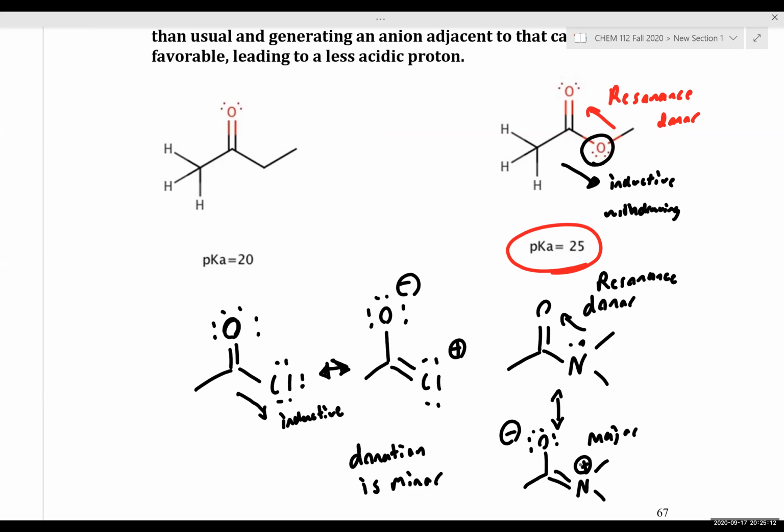While for chlorine, it would much rather function as an inductive withdrawing group because the contribution of this donor structure, quote unquote, is relatively minor. Does that make sense to everyone?